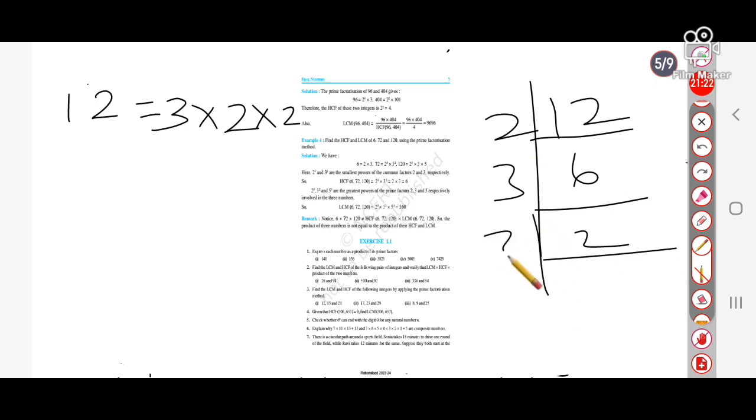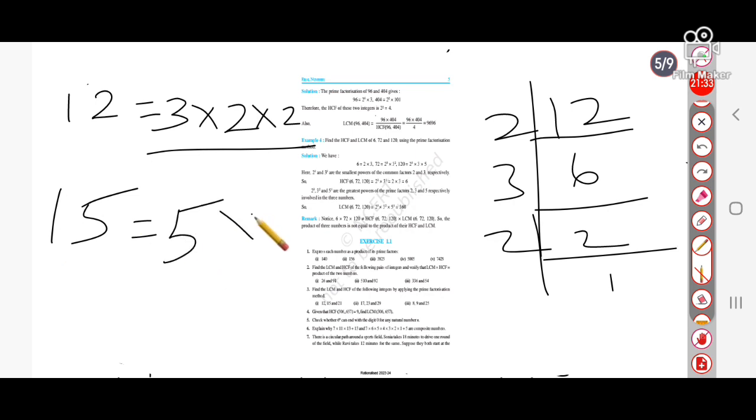This 2 can be written as 1. This way I have written 3 into 2 into 2. Then 15 can be written only one way, 5 cross 3. Then we have 21. 21 can be written as 3 cross 7.